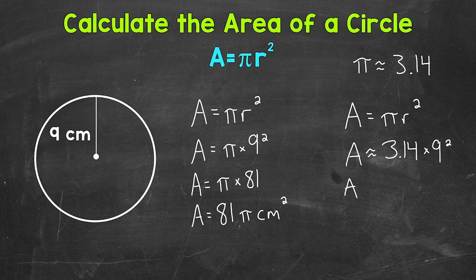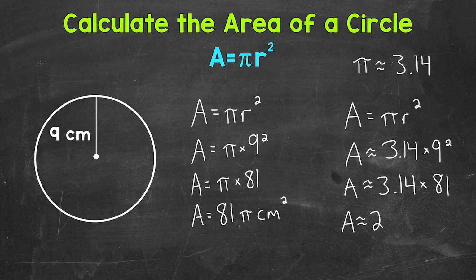So 9 squared equals 81. So we end up with 3.14 times 81. And that's going to give us an approximate area of 254.34 square centimeters.